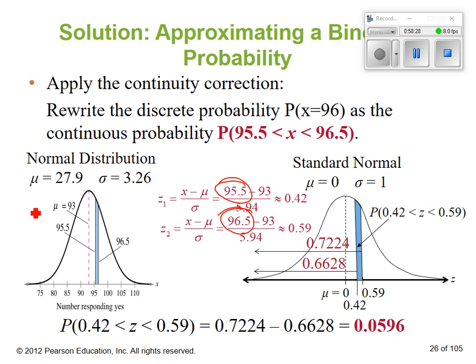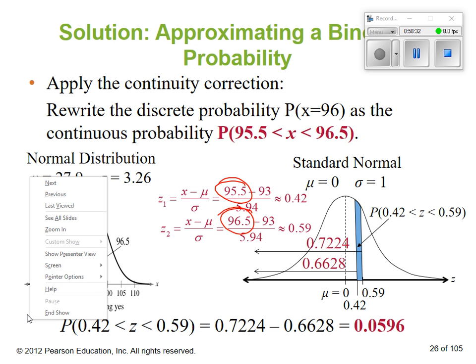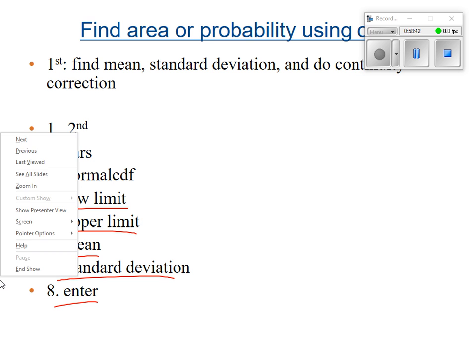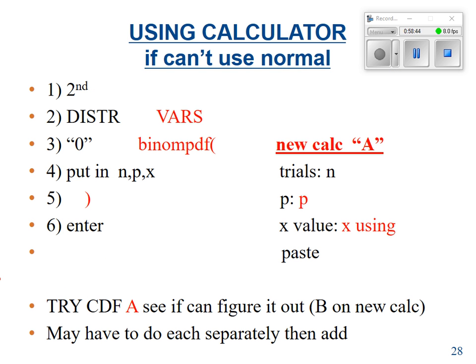Since we used technology and they changed it to a Z-score, there's a little bit off there, but still pretty close. Again, low limit, upper limit, mean, standard deviation. If we're doing just the binomial stuff, then we go back to just putting in N, P, and X.